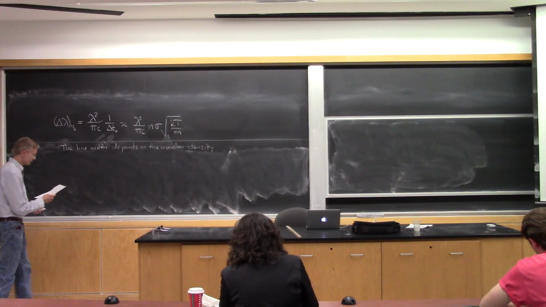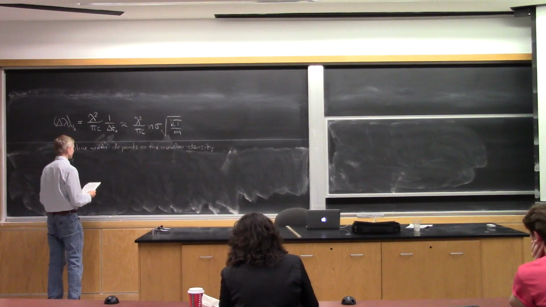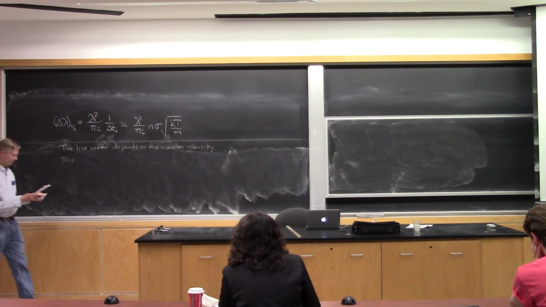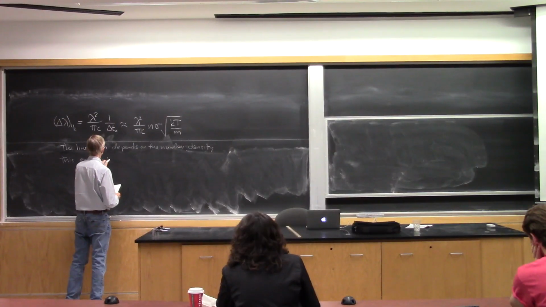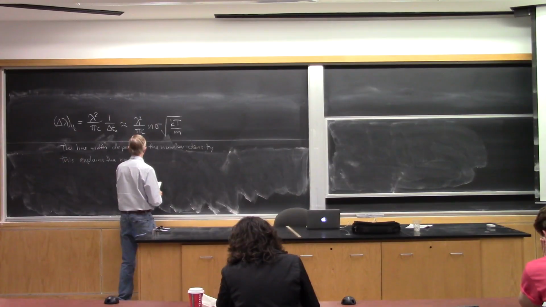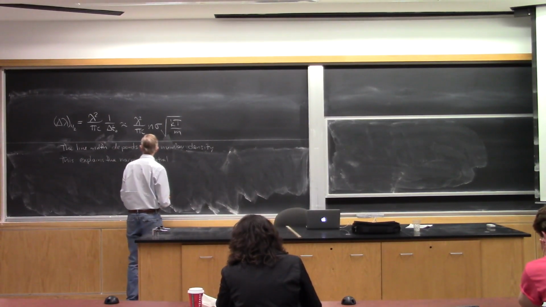Okay, depends on the number density. And this explains the narrower spectral lines of giants and supergiants compared to main sequence stars. That's why this happens.